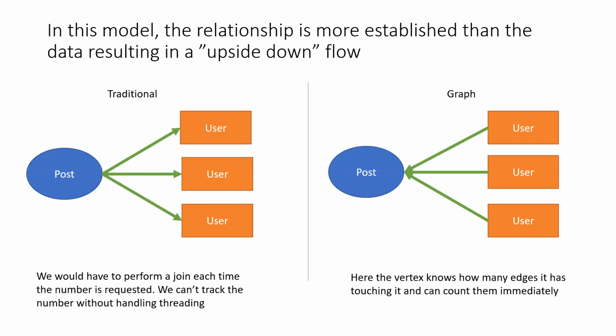Now, that's not to say that you can't do it in an RDBMS. And I want to be very clear that there's nothing you can do in a graph database that you wouldn't be able to do in an RDBMS. However, with more options comes this idea of what is the best way to represent our data, the hierarchy.